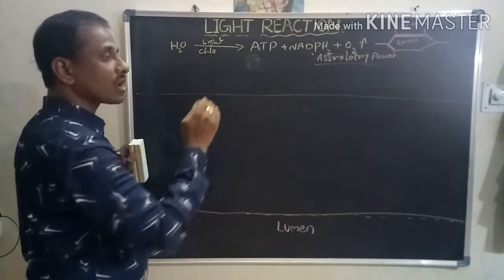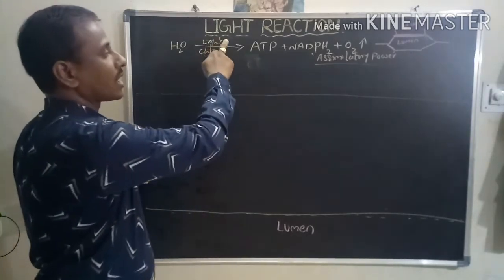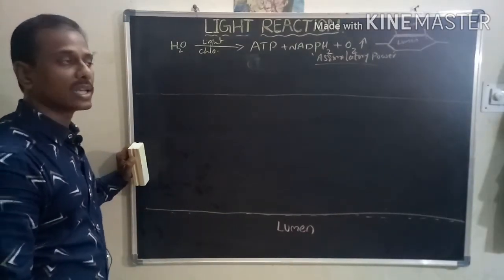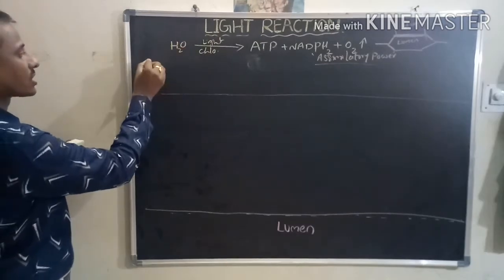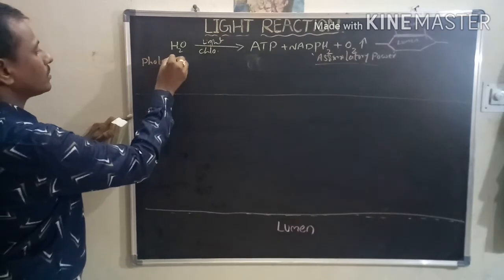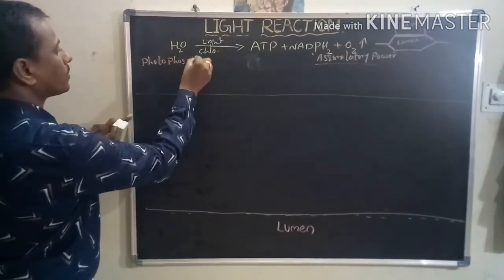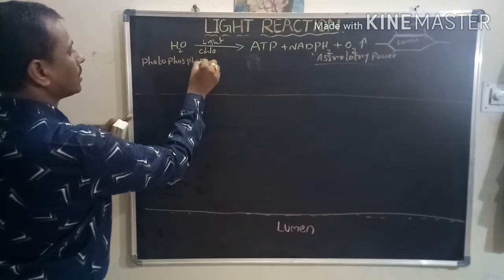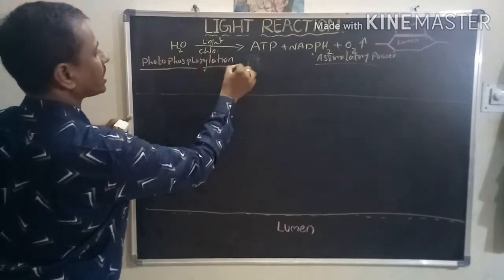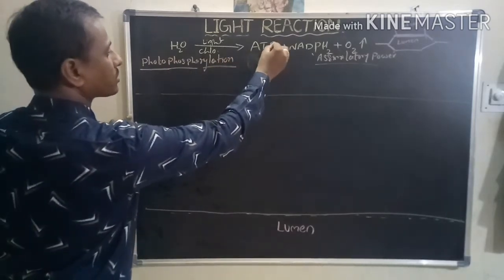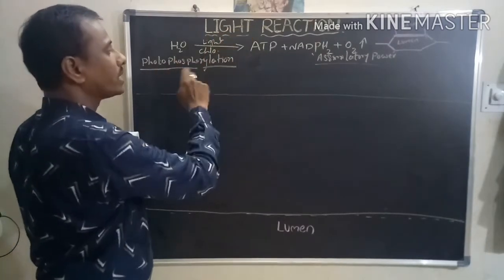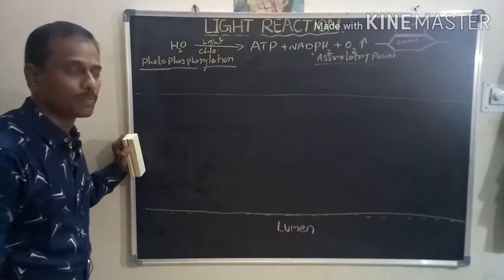The production of ATP in the presence of light is called photophosphorylation. Formation of ATP involves a phosphate molecule, so it is called phosphorylation, which takes place in the presence of light, so it is called photophosphorylation.